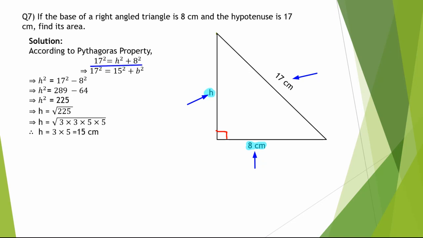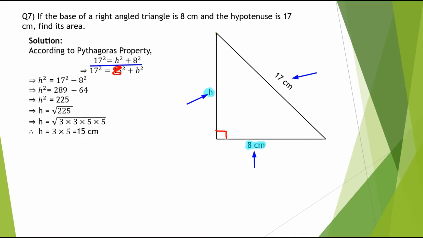This is actually 8, and this is h, not b. So we get h square equal to 17 square minus 8 square.